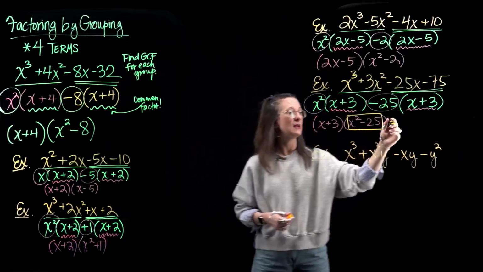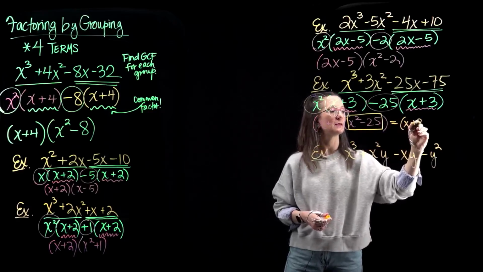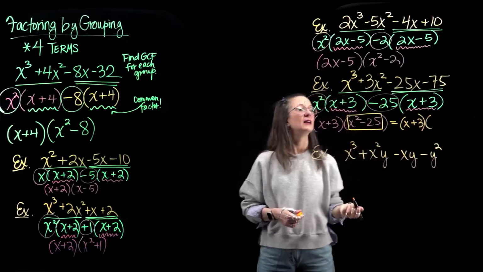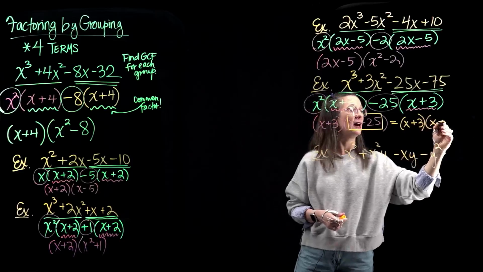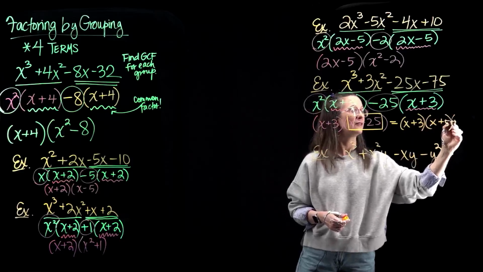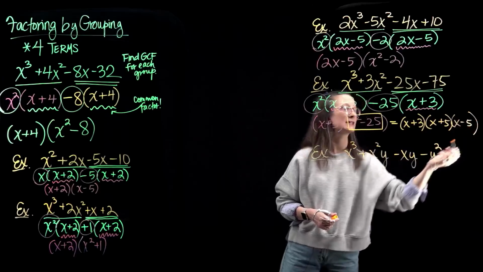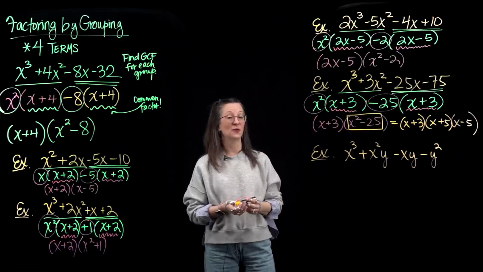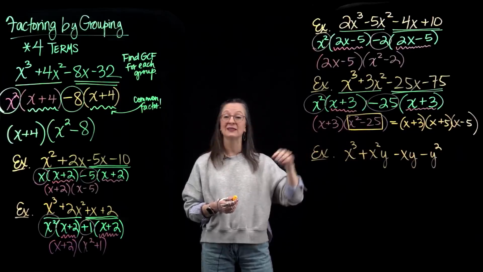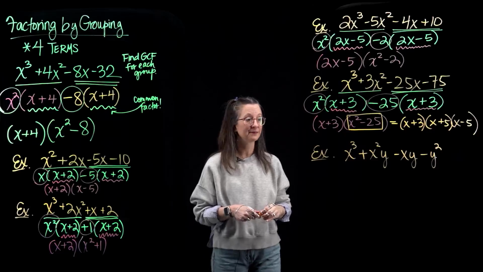I will keep the x plus 3 in parentheses. And then in place of x squared minus 25, I'll write x plus 5 times x minus 5. Now we have it in a fully factored form where none of the pieces can be factored anymore.